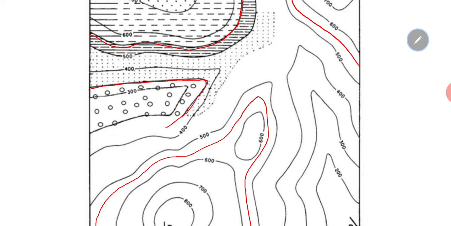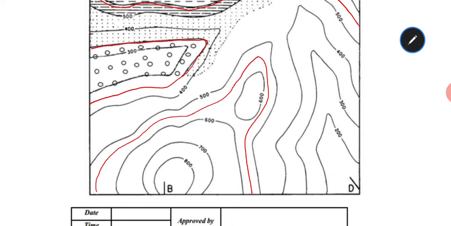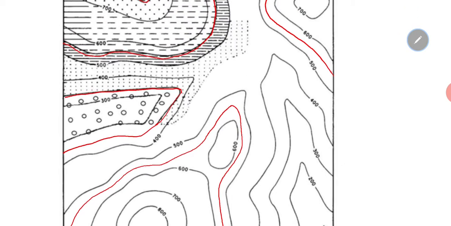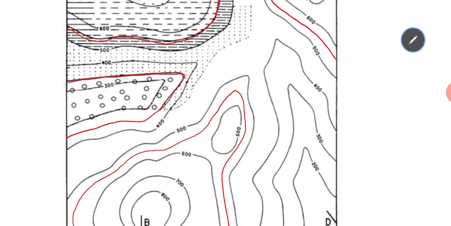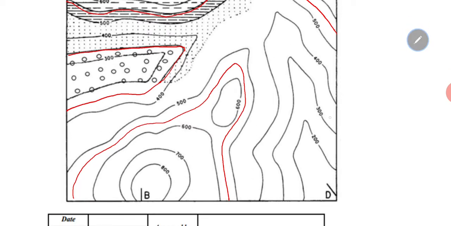The same thing, you need to provide the middle line. You can observe whether there is any contour in between 300 and 400, so provide those lines. This is another line that you need to provide.